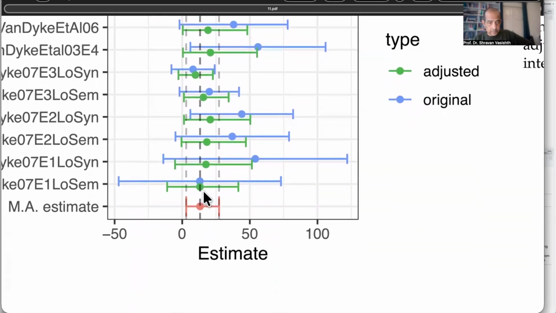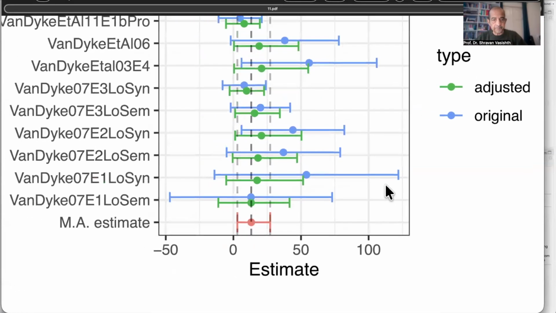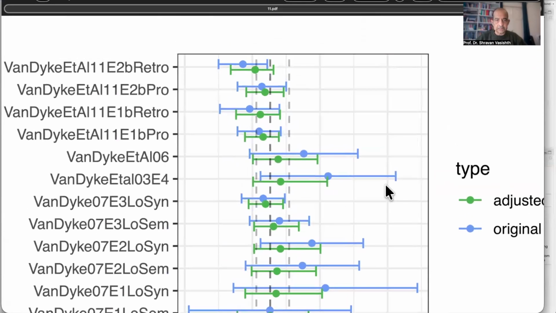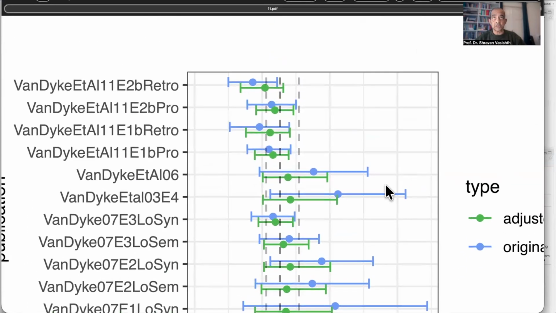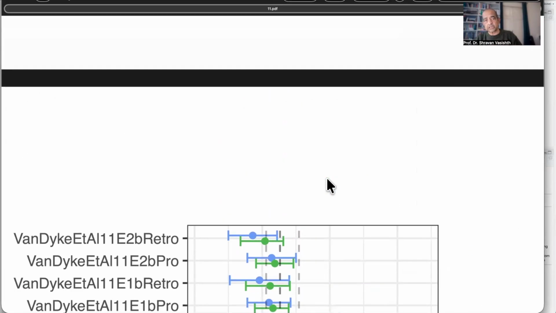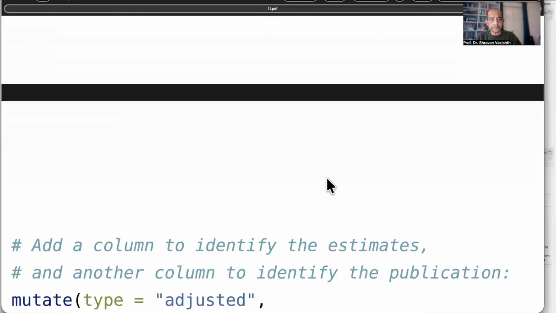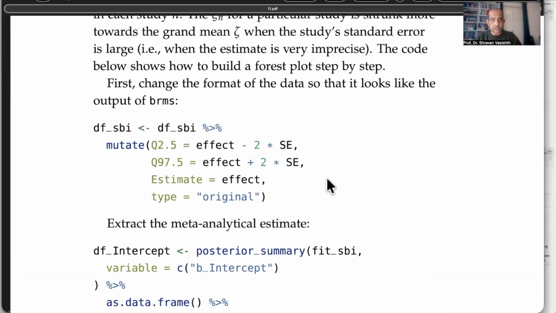So that's why it's shifted towards the grand mean, right? That's how shrinkage works. I hope I discussed this in chapter 5. If not, just remind me and I'll talk about this in class. So anyway, shrinkage is in action here, and that's a useful way to summarize which studies are more informative and less informative. This is just a variation on the squares; the squares are also giving you similar information.